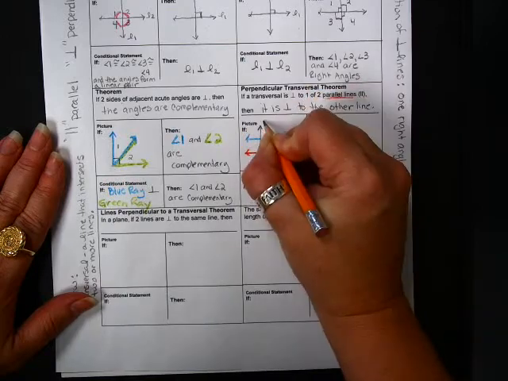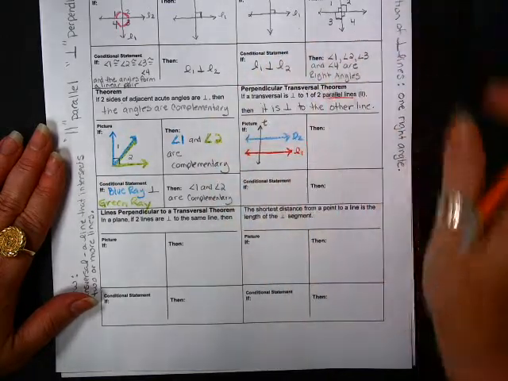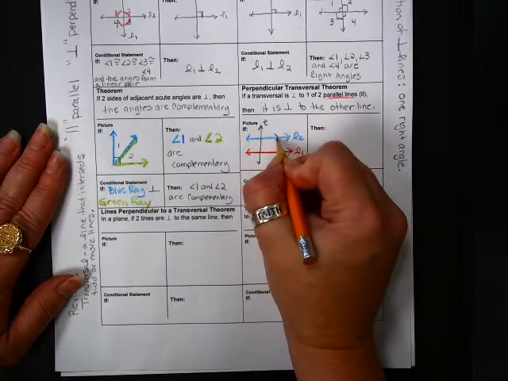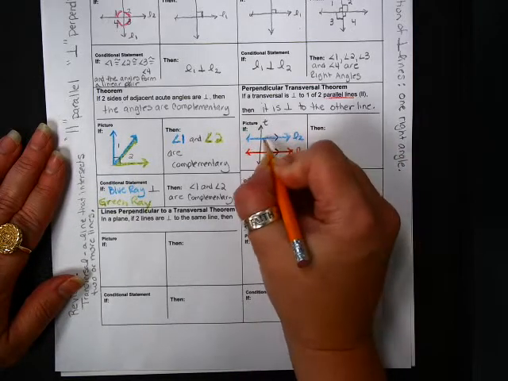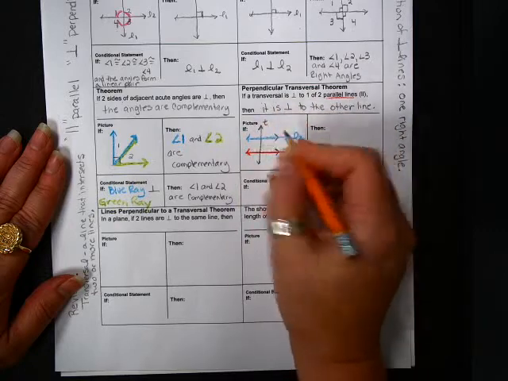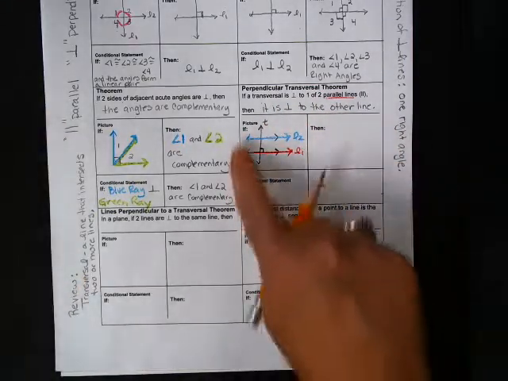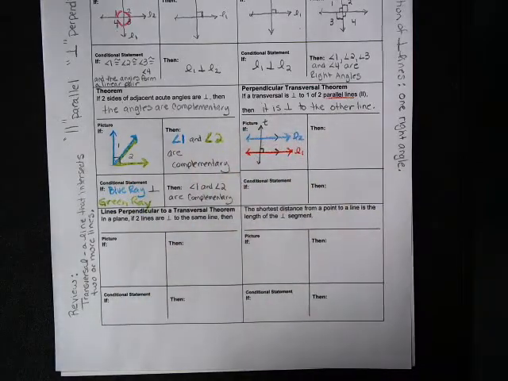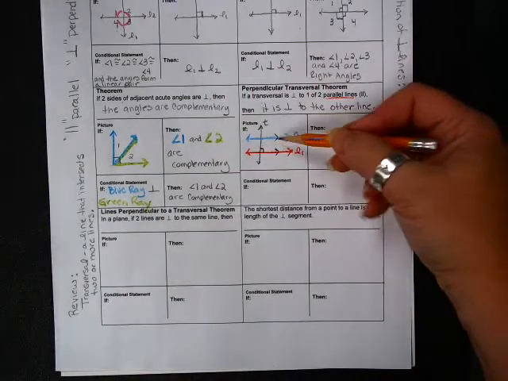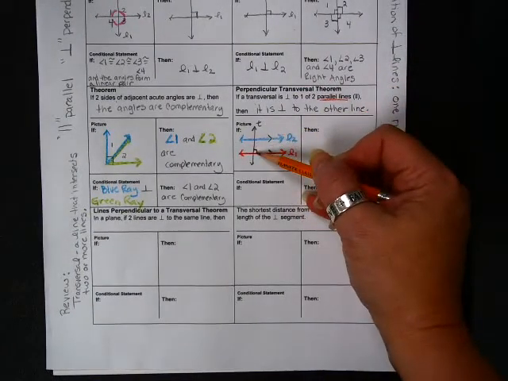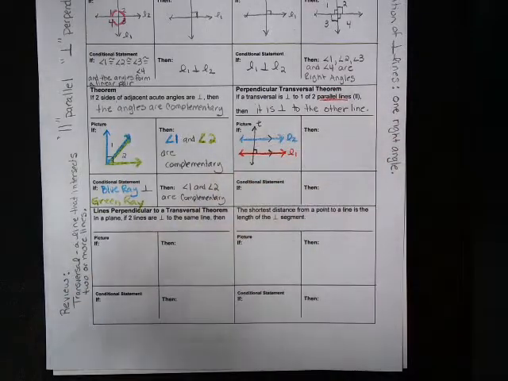So I'm going to call this one T for transversal. So here I've got this line is parallel to this line, and it is perpendicular to one of the lines. So if I have this situation happening right there, do you see how I have it drawn where these are parallel, and I only show this one down here perpendicular? That's the if part.